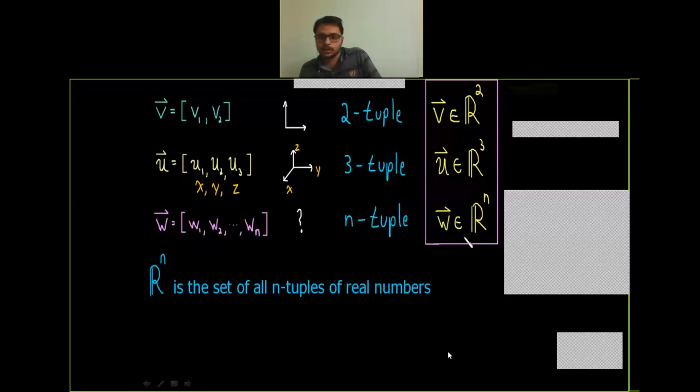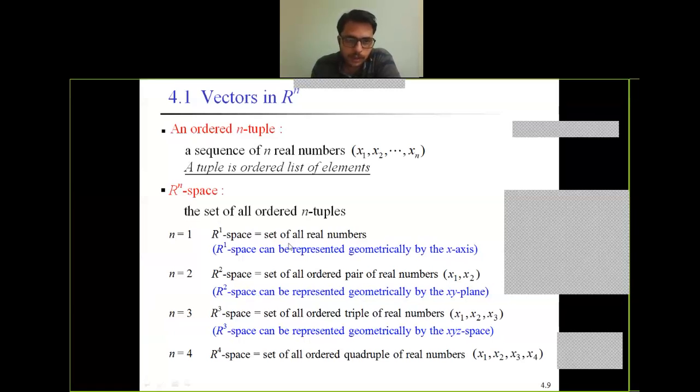Okay, now I think the screen is visible in full screen mode. What we were discussing is what this Rn space is. This slide I illustrated to you in the last few minutes of the first lecture. R1, R2, R3 and R4, and in such order Rn is the space which is very important to understand vector space.